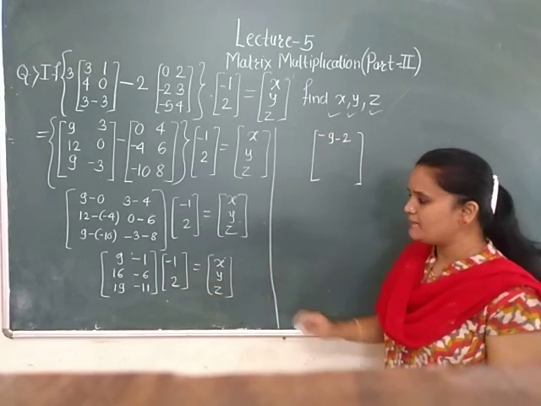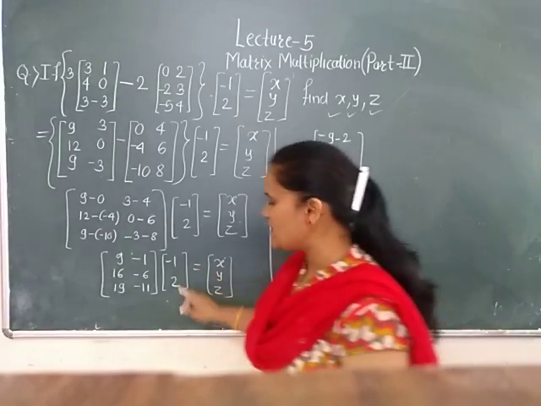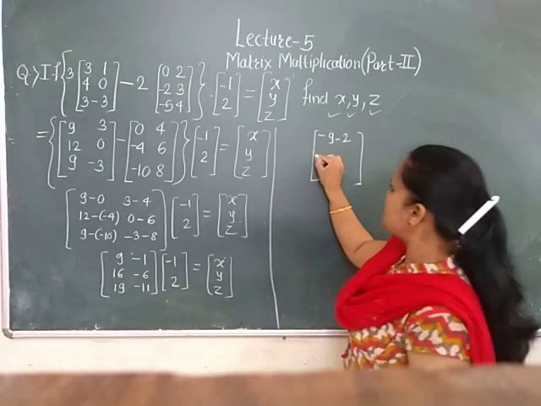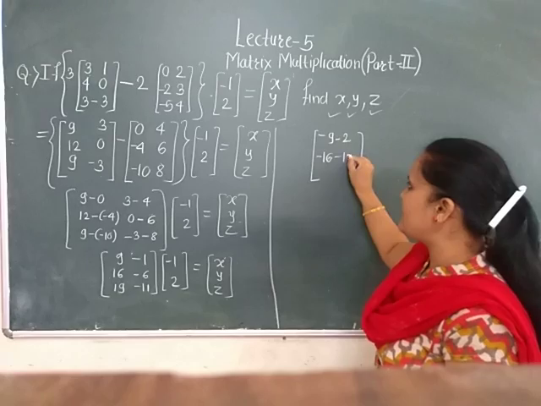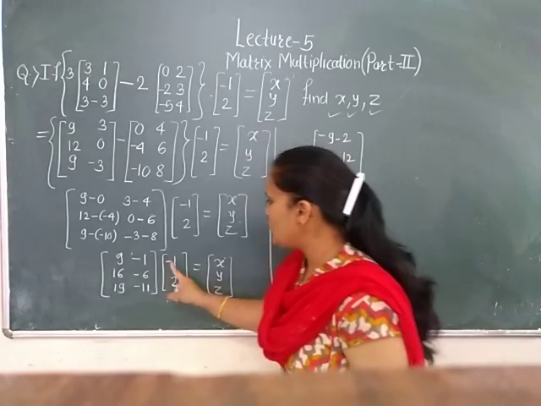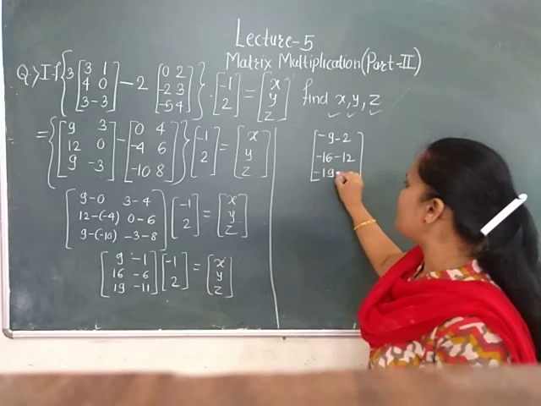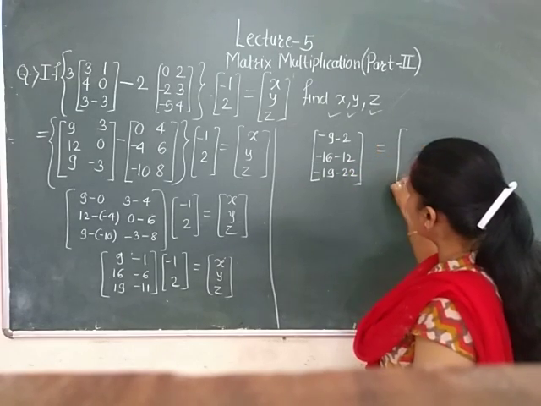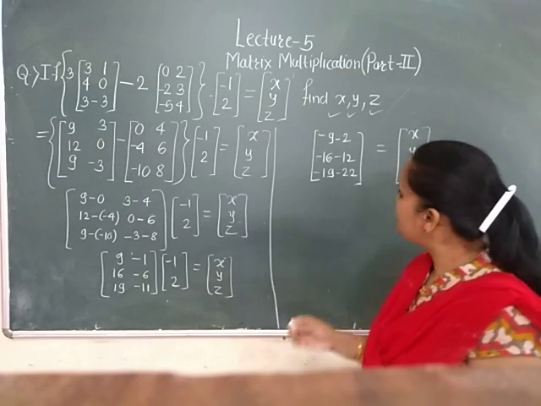Okay, that is finished, because here there is only one column, so we multiplied by that one column. After that, 16 into minus 1 is minus 16, minus 6 into 2 is minus 12, then 19 into minus 1 is minus 19, and minus 11 into 2 is minus 22. Okay, so it is x, y, z. Simplify this.